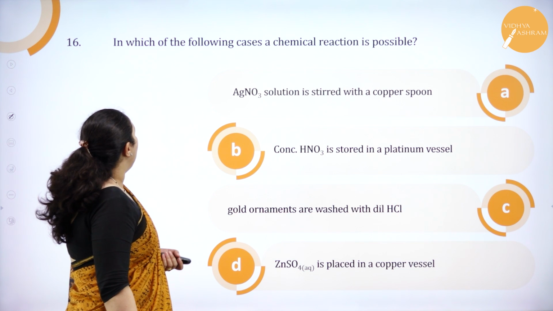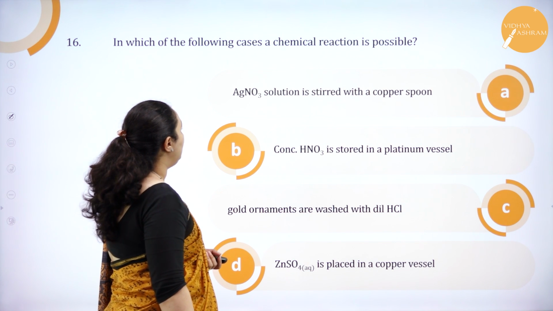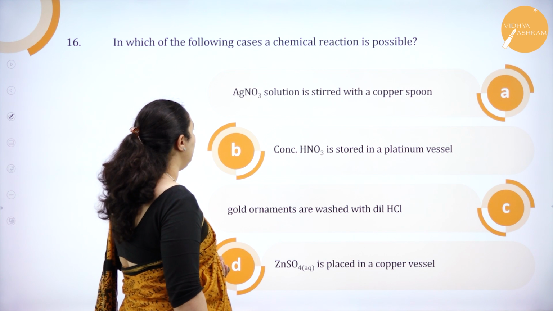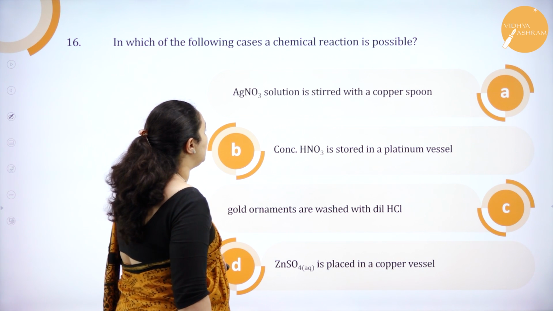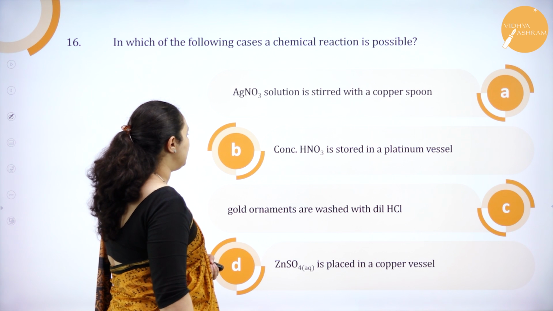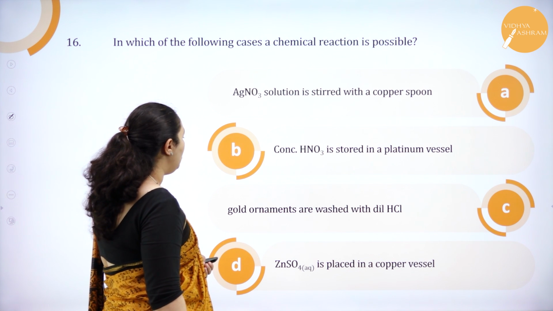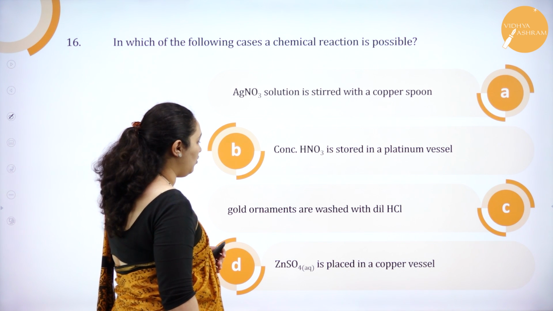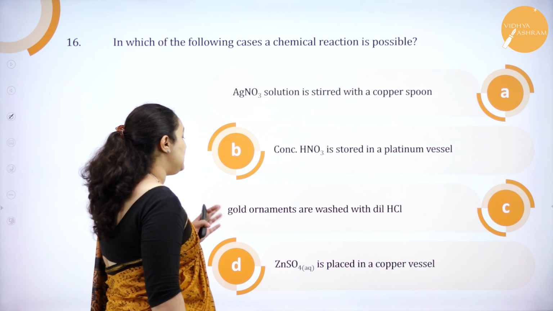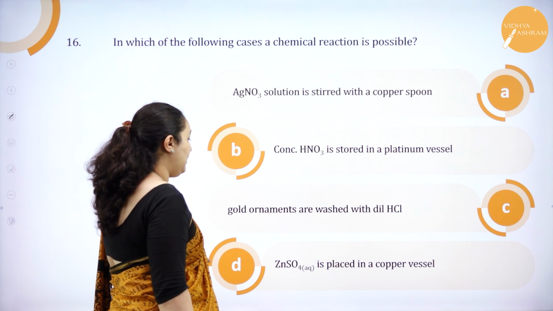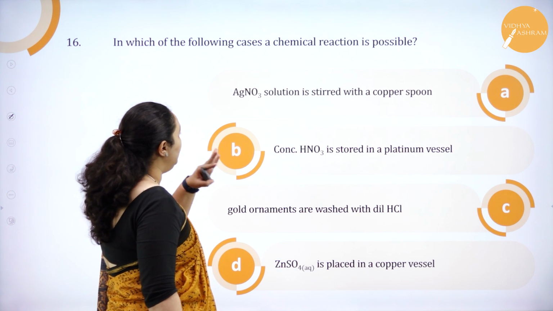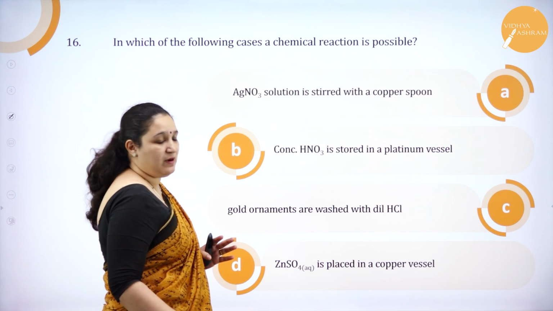Next one, in which of the following cases chemical reaction is possible? They are asking you where the reaction is possible. AgNO3 solution is stirred with copper spoon. Concentrated nitric acid is stored in platinum vessel. Reaction doesn't happen. Gold ornament is washed with dilute HCl. No reaction. Zinc sulfate is placed in copper vessel. See, zinc can displace copper from copper sulfate, but copper cannot displace zinc from zinc sulfate.